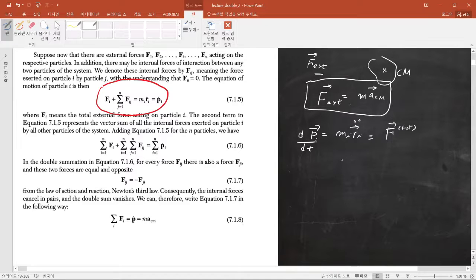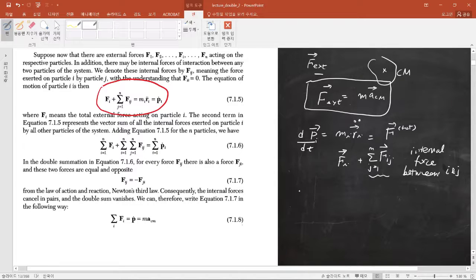It consists of, as written here, the external force F_i^ext, with just one index, plus the sum over j of F_ij, where this is the internal force between i and j.